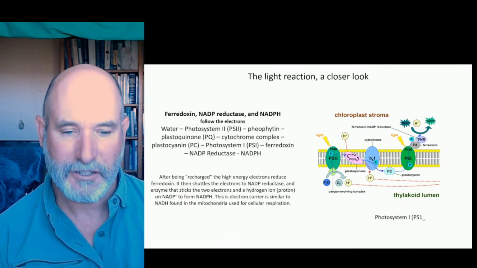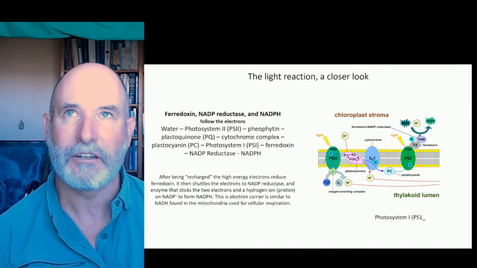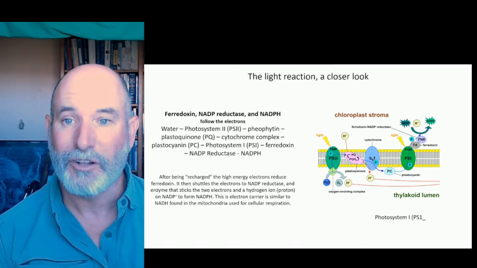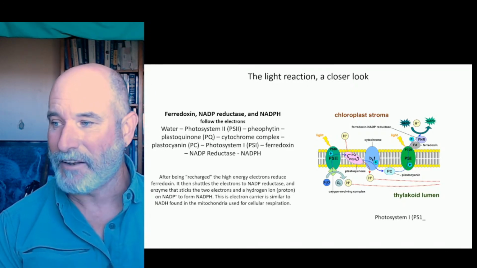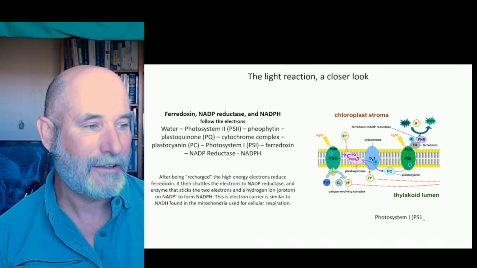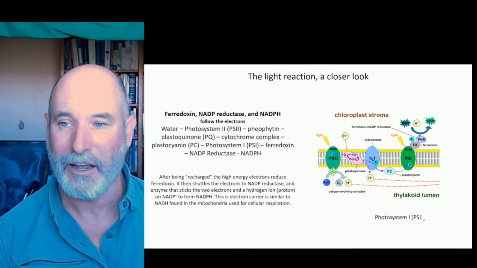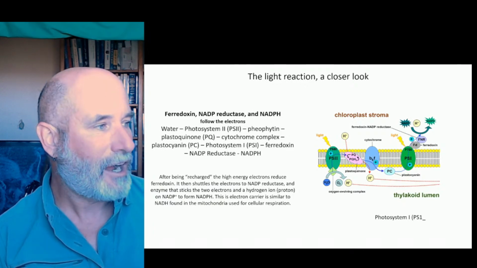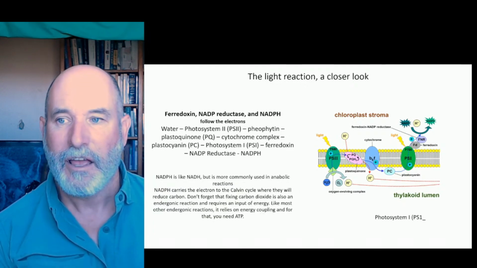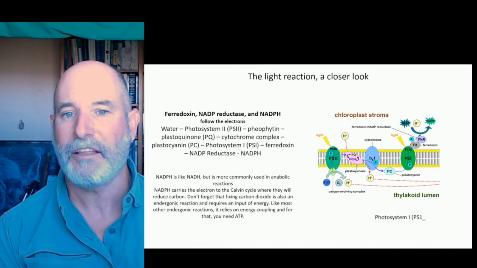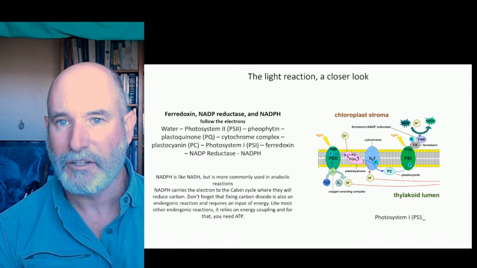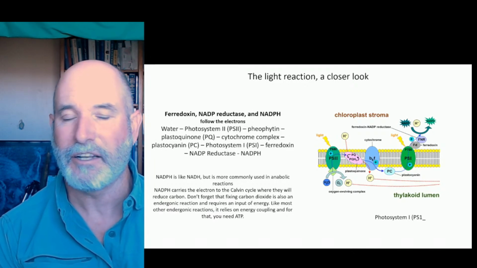Ferredoxin is a really interesting iron-sulfur enzyme that's used in a lot of metabolic pathways, and it may be important for the origins of life. Pretty interesting stuff. Then the ferredoxin takes the electrons to NADP reductase to reduce NADP to NADPH.